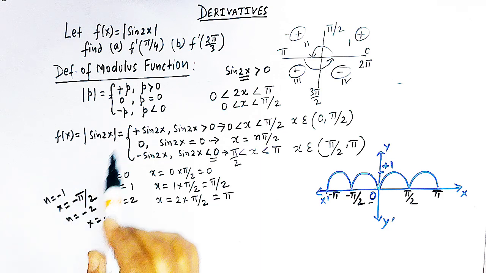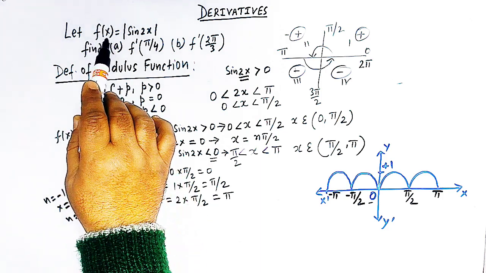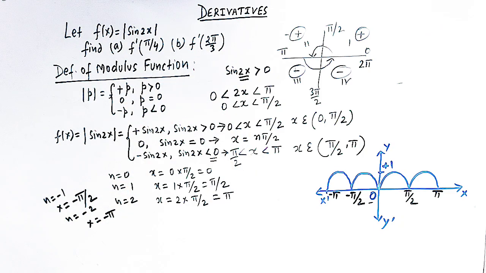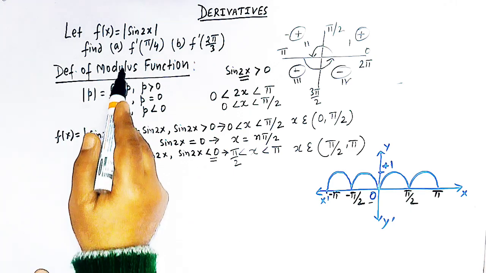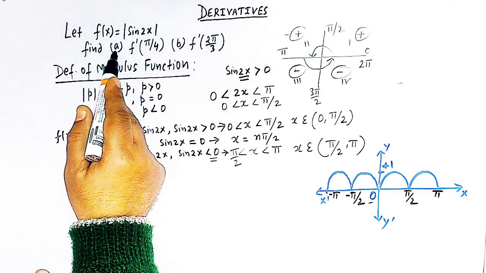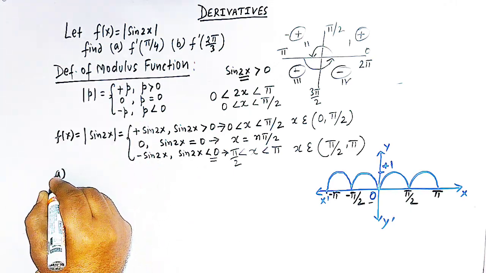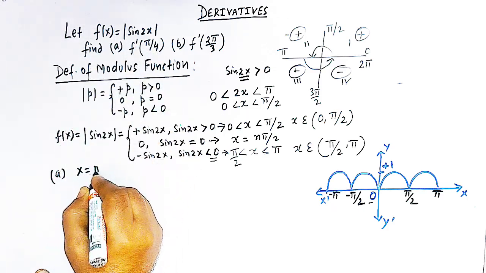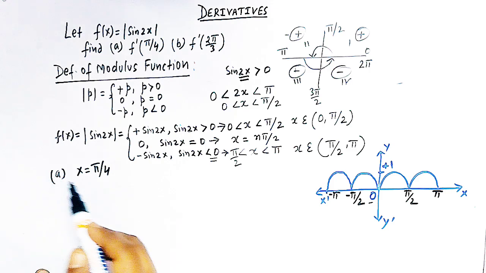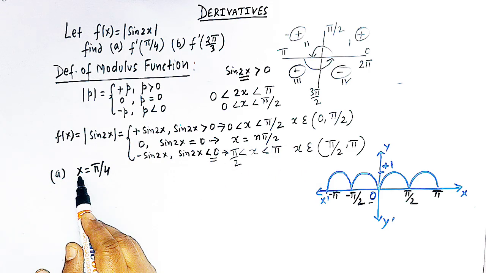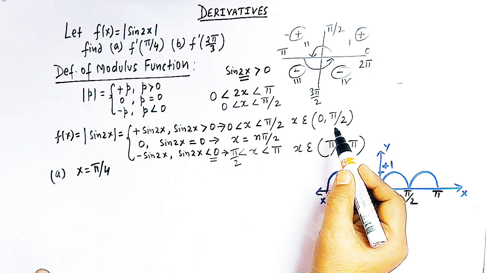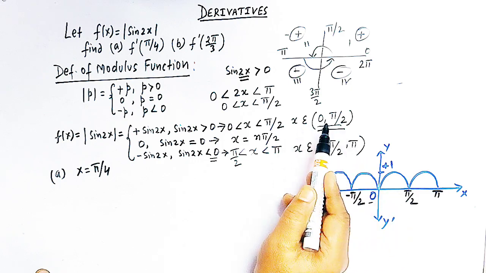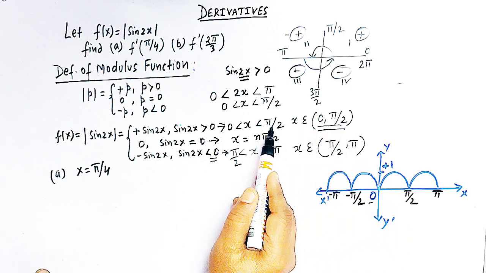Now let us find out the derivative of f(x) at these points. So now let us first consider part A. Here we have to find the derivative at x equal to π/4. Now see, this point x equal to π/4 lies in this interval, that is, x belonging to 0 to π/2.